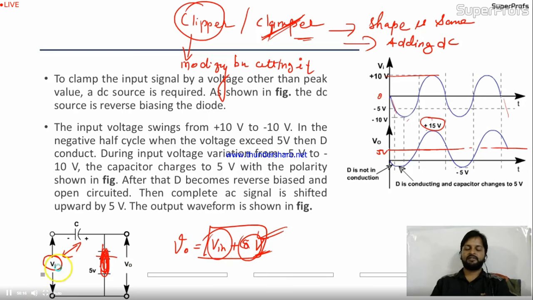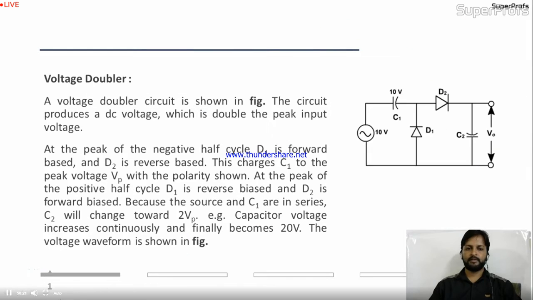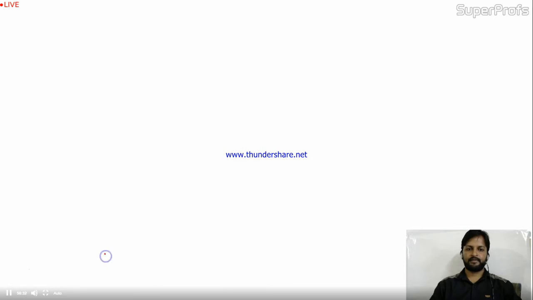Okay, now we'll see some problems on clippers, then we'll end today's class. I'll take one clamper question and then we'll come to the voltage doubler. Okay, let me take one fresh page. The problem is given as a clamper circuit.